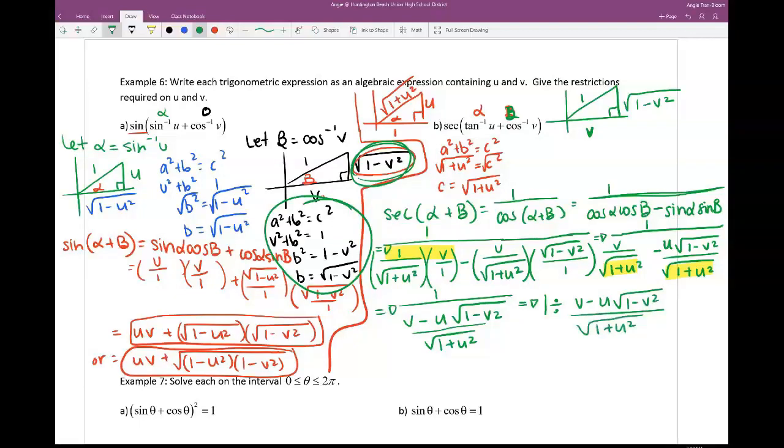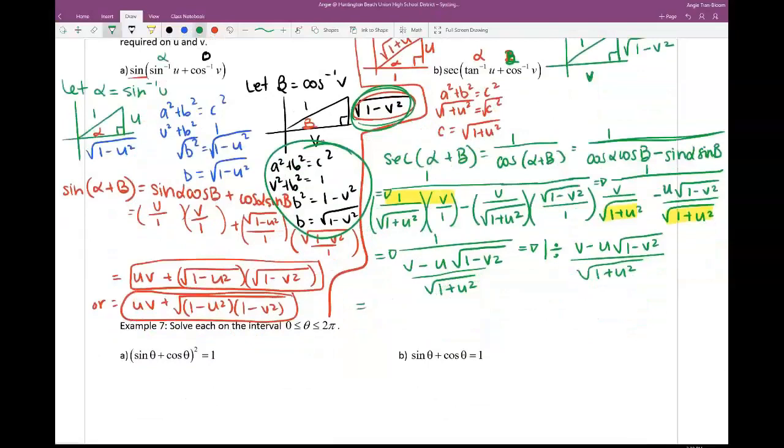I can multiply by its reciprocal. If I multiply by its reciprocal, 1 times this is now just that. So the square root of 1 plus u squared over v minus u times the square root of 1 minus v squared.